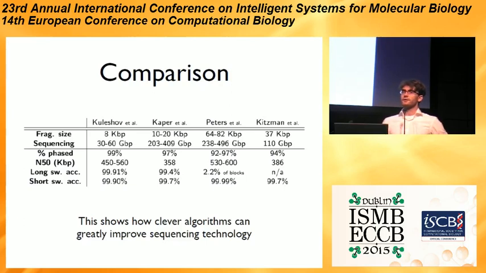And we're also using less sequencing, sometimes as much as 5 times less sequencing. But nonetheless, we can do as well or even better on most metrics in this table. And this shows that this joint statistical and local phasing approach works well.